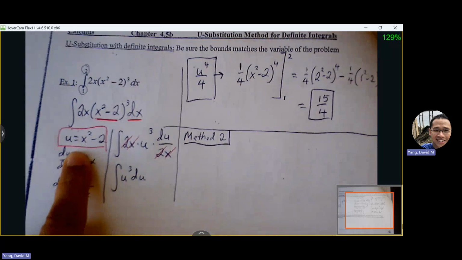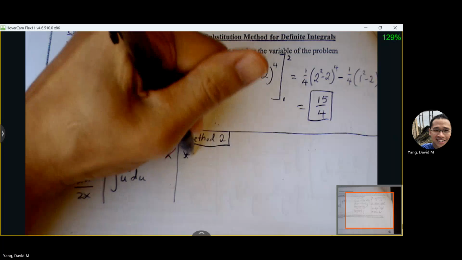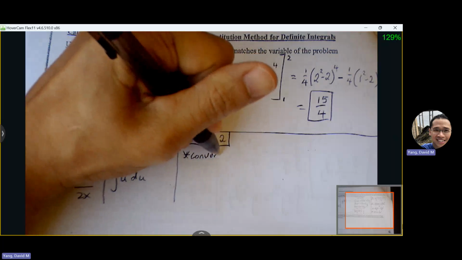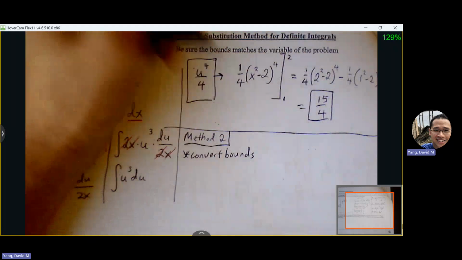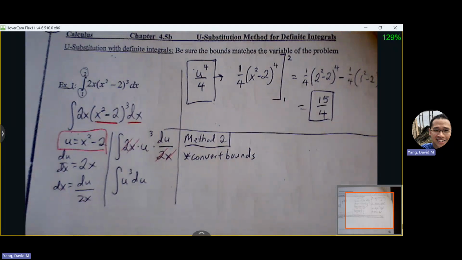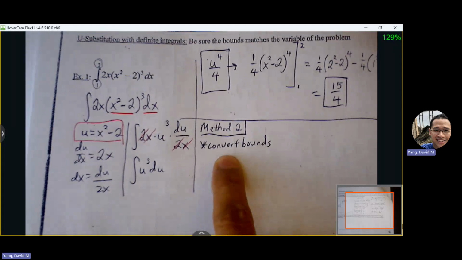U equals x squared minus 2. So I'm going to convert the bounds. And I think most of us are not going to prefer this method, but it is important for us to go through this because sometimes an AP exam multiple choice problem has a setup using this method, and we need to be able to recognize how to involve a problem in this method.